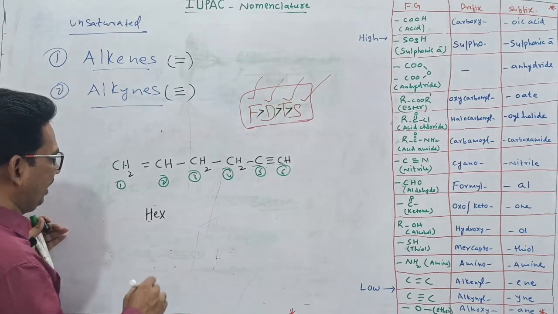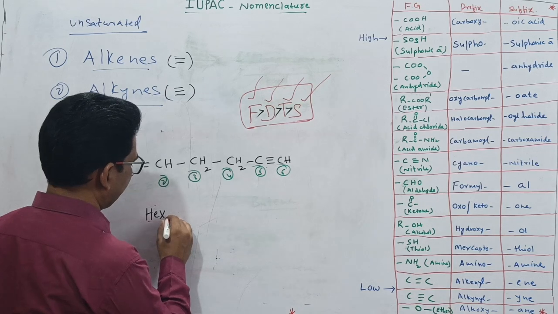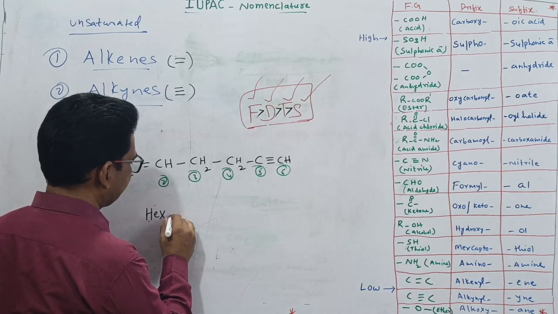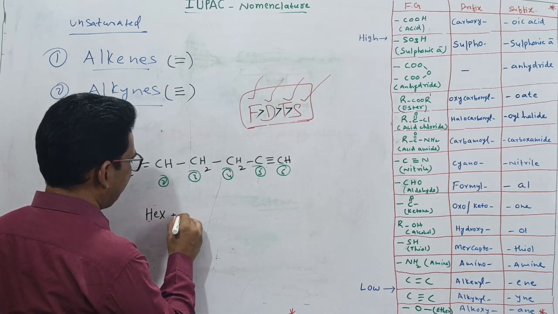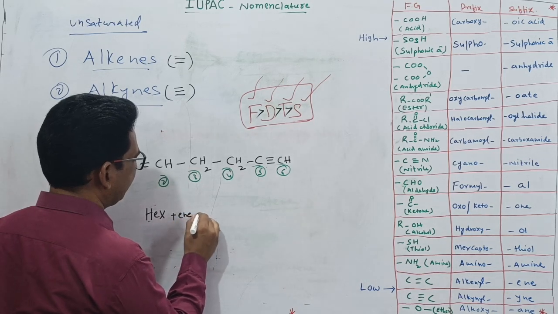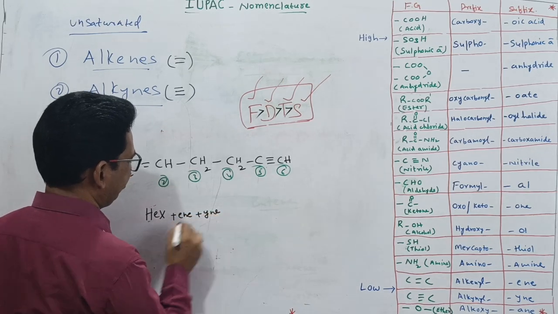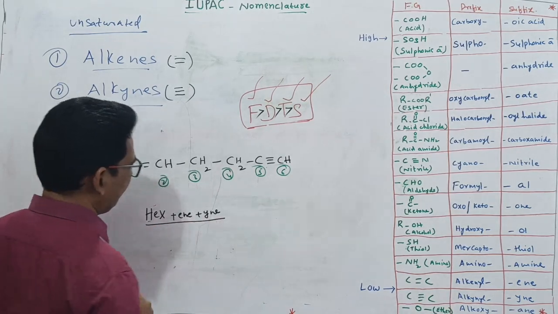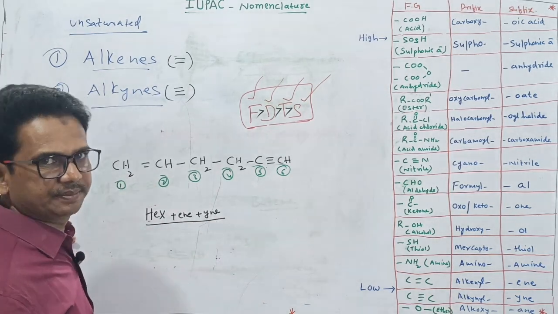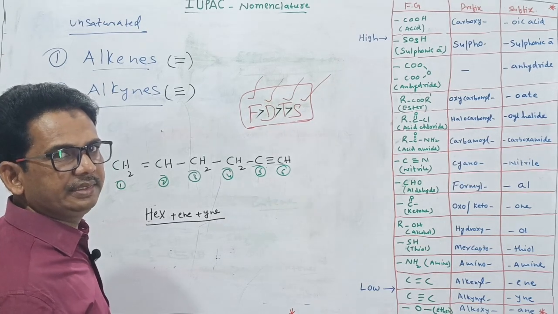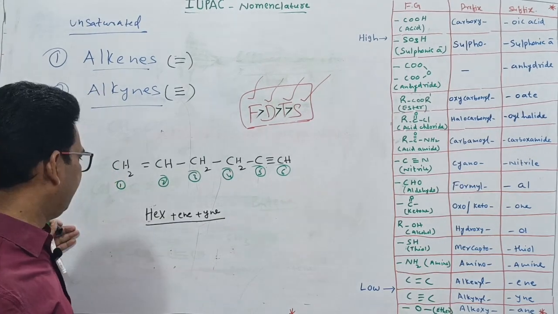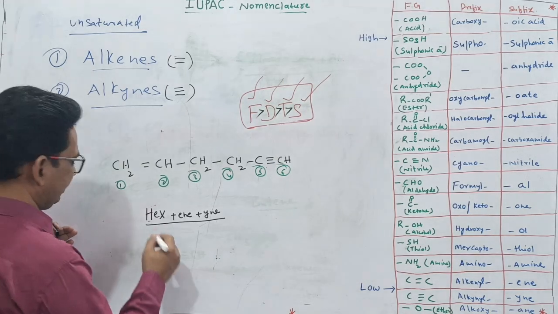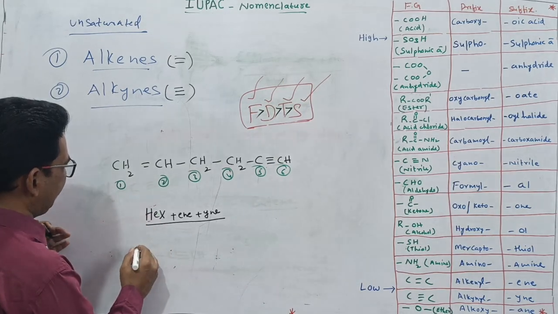Then first what will come? In. Hex plus in plus ein. But we have to represent it with the numbering as prefixes. Then how are we writing the IUPAC name?